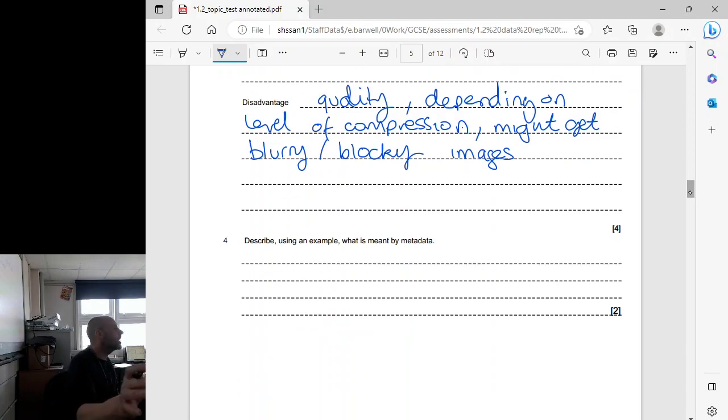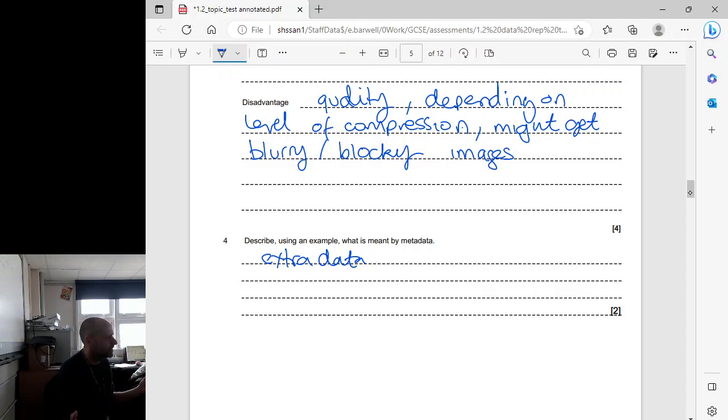Right. Okay. Is everyone happy with that? It's what's the outcome of the thing? What's the consequence? Right. For metadata, we're talking about images. When you're answering questions like this, it says use an example. A few people did say it is extra data to describe what we're storing. A few people were saying for websites.